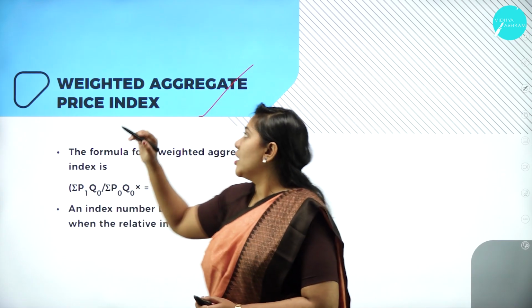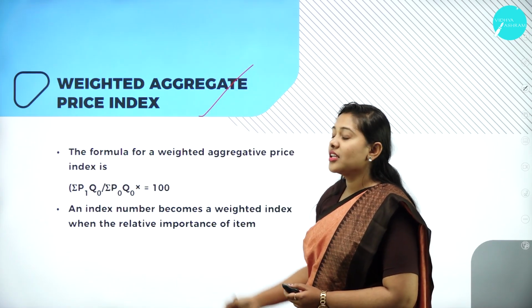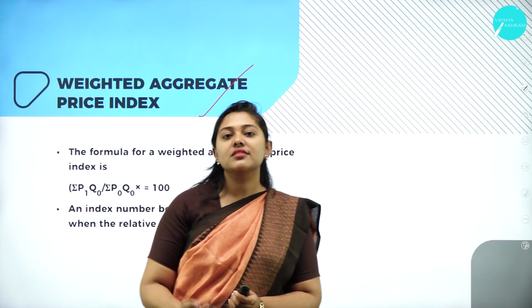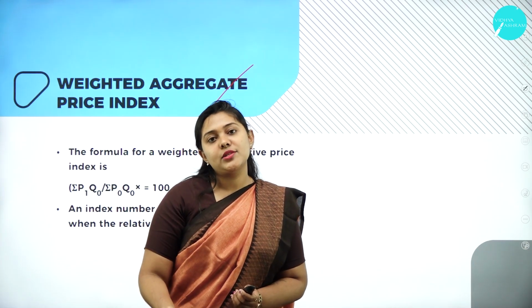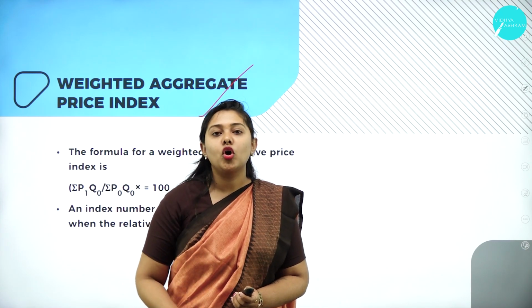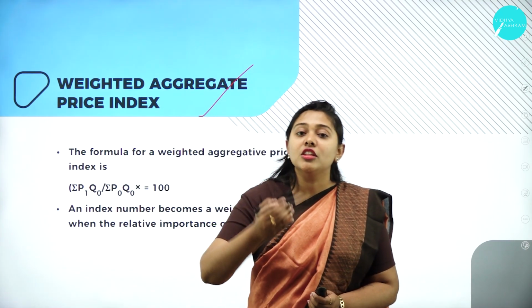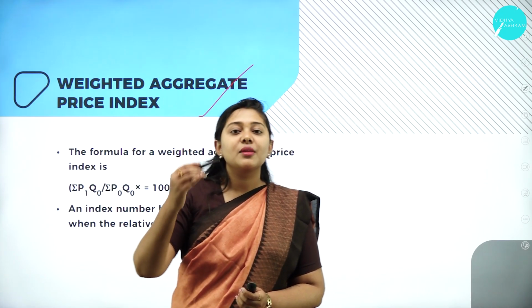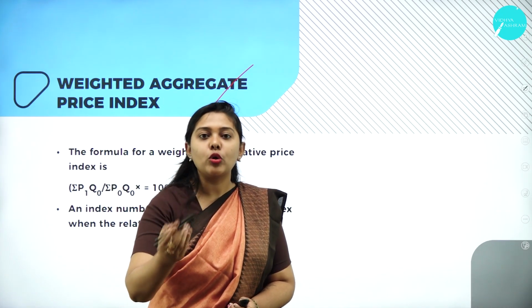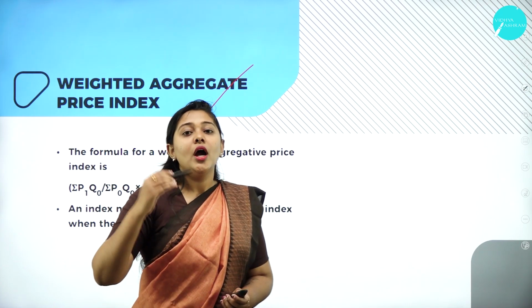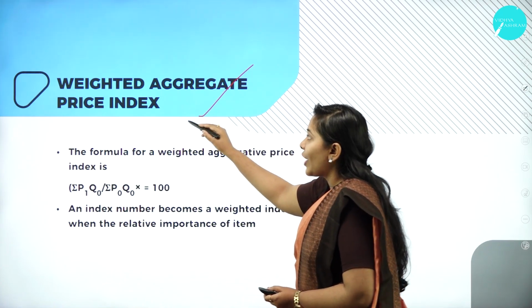So what is this weighted aggregate price index? When quantity is given, the market will determine the price based on the quantity, because from one commodity to another commodity, the quantity varies as well as the price also varies. In order to compute that, we have weighted aggregate price index.